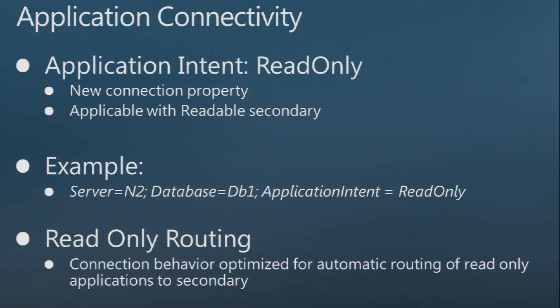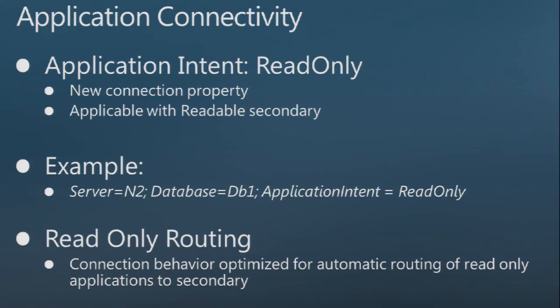So for example, if you are running a 5-node topology with 1 primary and 4 secondaries, and for argument let's assume all 4 secondaries allow read workload, when you connect, it will figure out which readable secondary it has to go to.